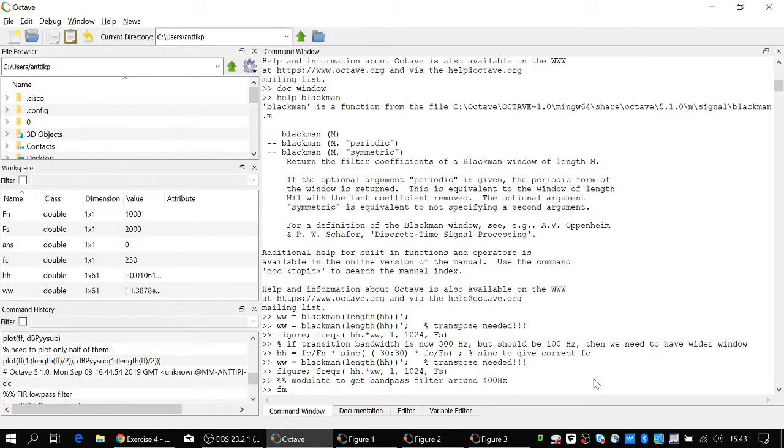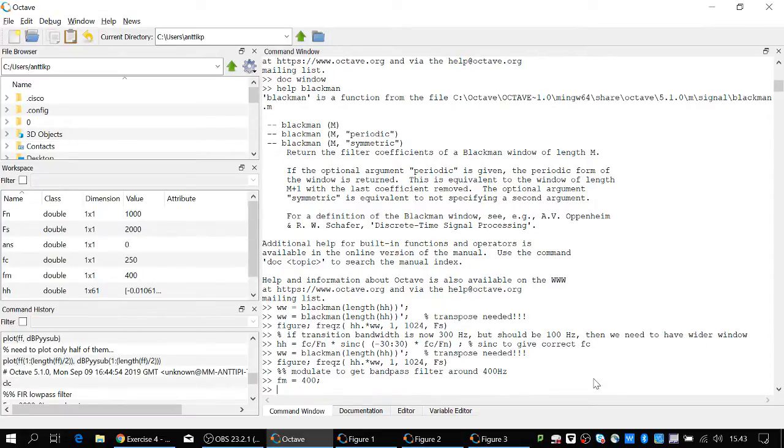So modulation frequency 400, and then the modulation is simply cosine 2 times pi times n times t. n is from -30 to 30, and t is now 1 over fs.